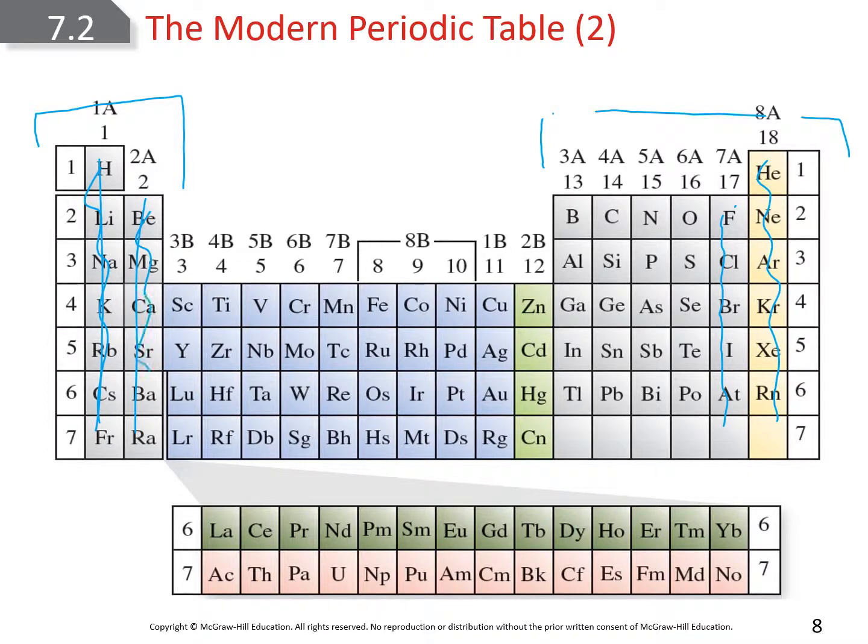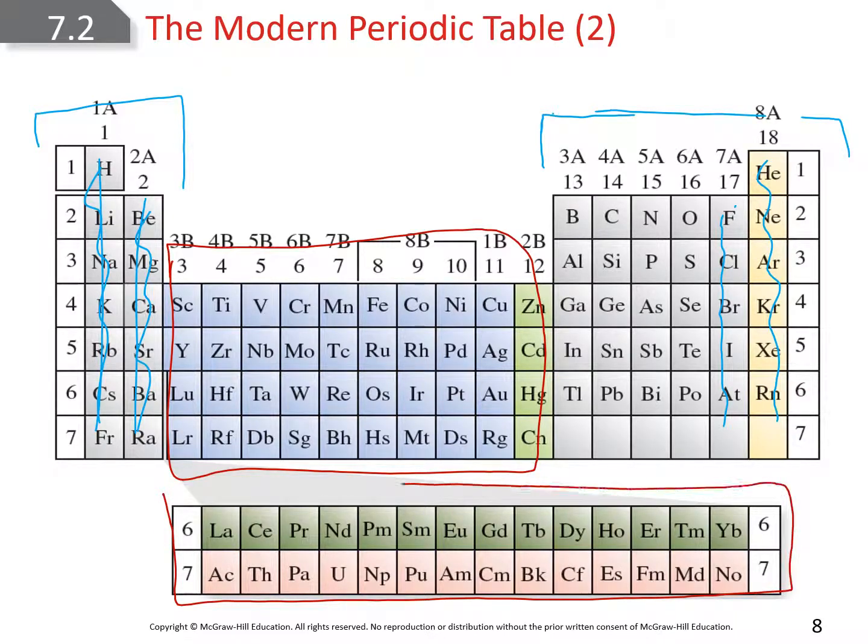Then everything else were transitional. So these are your transitional metals, and these are your inner transitional metals. The only thing regular and consistent about the transitionals is that they are not regular or consistent. They behave differently based on the environment in which they are reacted.